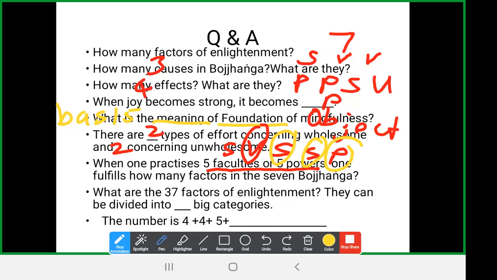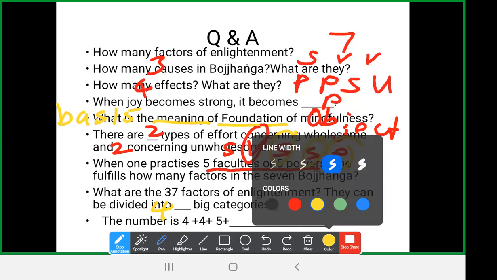There are how many factors of enlightenment? Seven. They can be divided into how many big groups we were talking about just now?